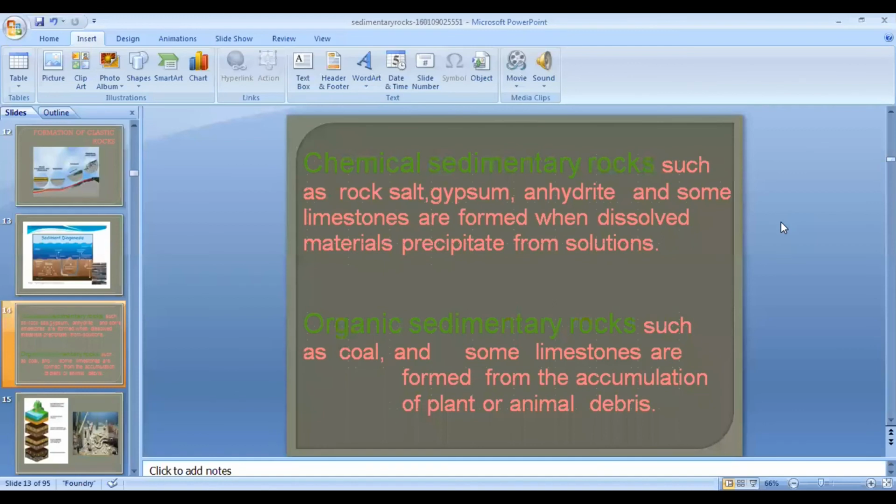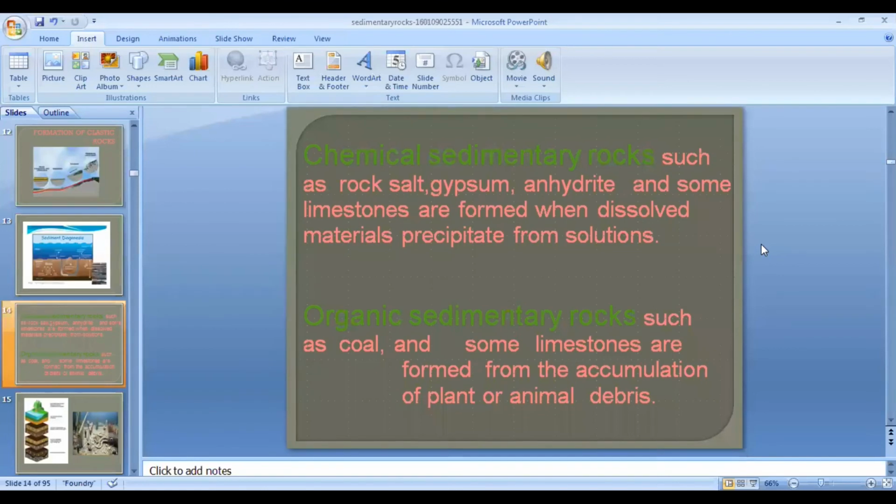So then comes the chemical sedimentary rocks. We just try to introduce them before we close this session. So chemical sedimentary rocks, as you know, involve rock salt, gypsum, anhydrite, and some limestones. Actually, these types of rocks form from the precipitation of already dissolved materials or minerals in the solution.